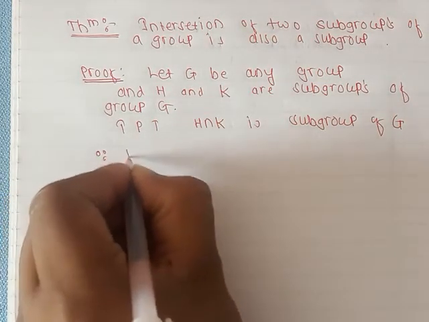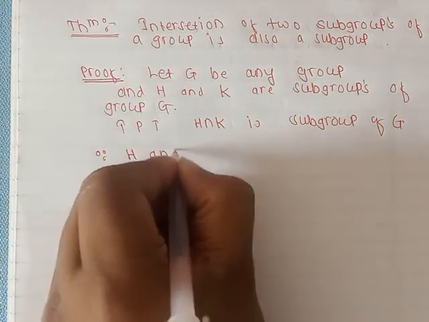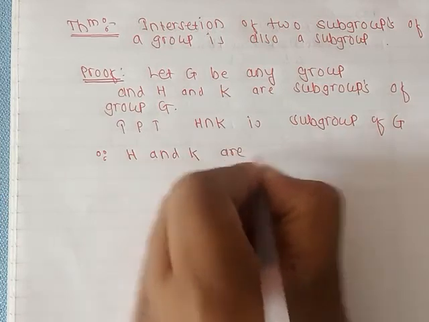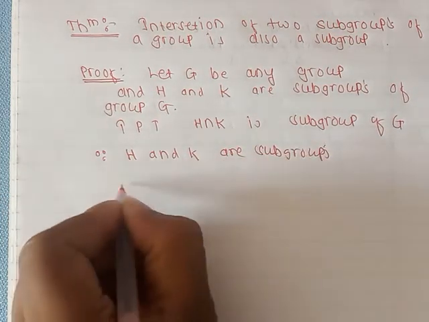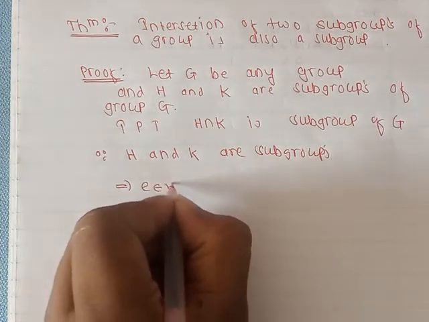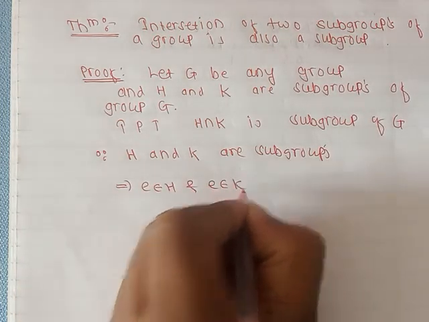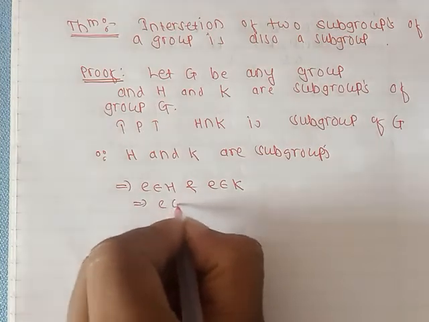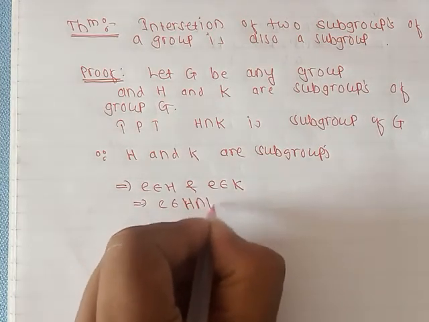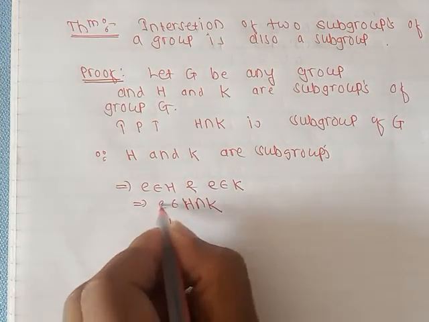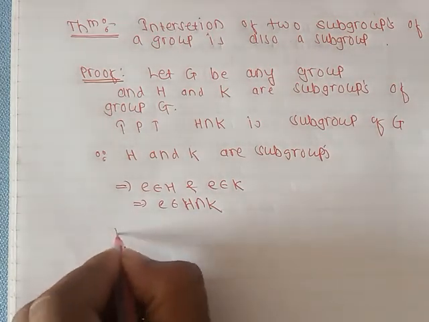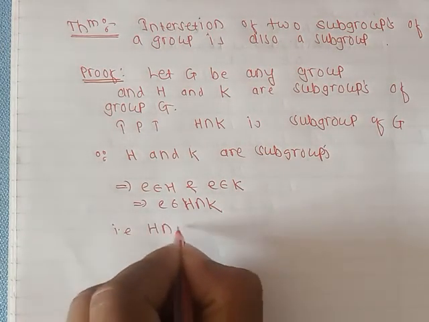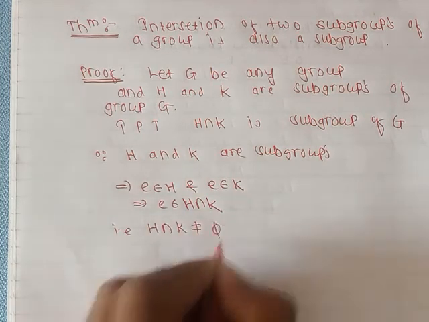Since H and K are subgroups, this implies that e belongs to H and e belongs to K also, implies that e belongs to H intersection K. So H intersection K contains the identity element, that is, H intersection K is non-empty.